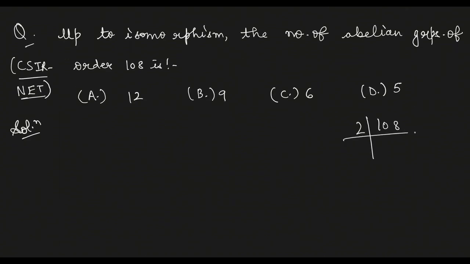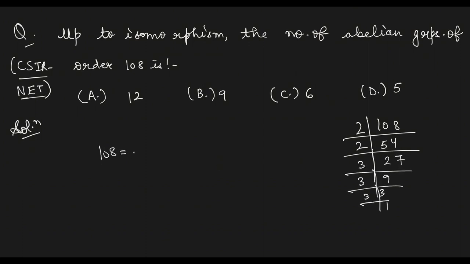108. So 108 is equal to 2 square into 3 cube. So partition of 2 is 2, partition of 3 is 3.